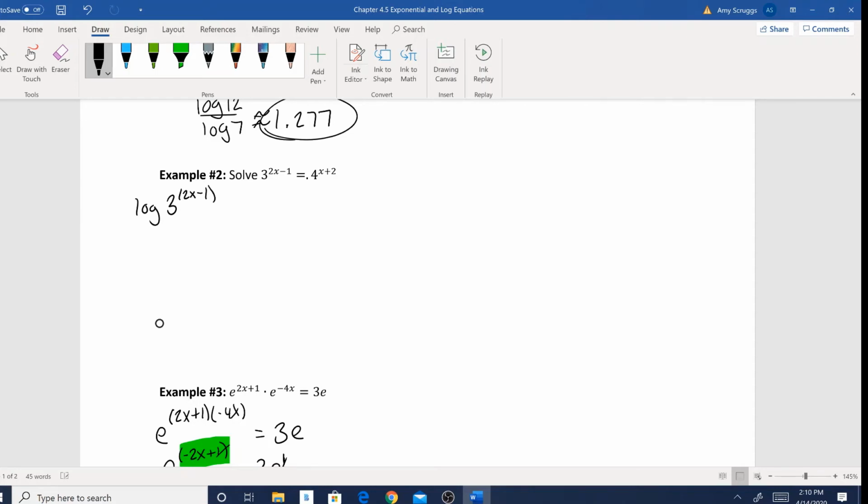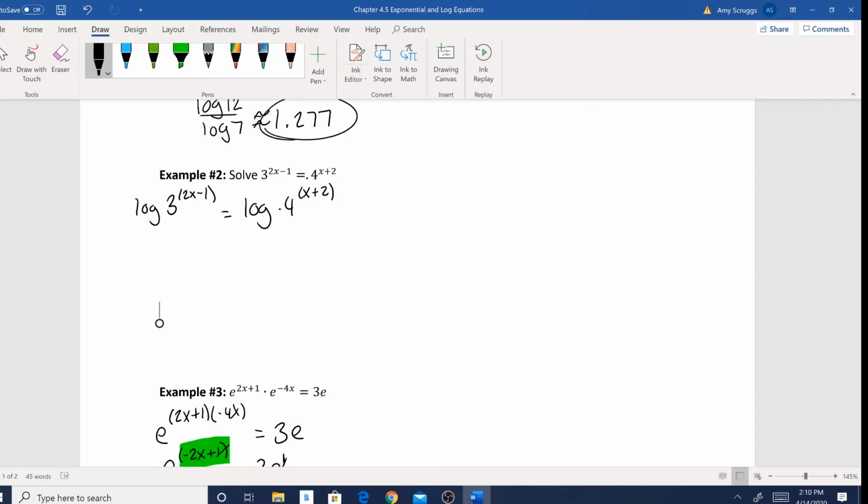You're probably wondering what the point of this is. Well, if we didn't have a common base to begin with, applying log base 10 to both sides gives us a common base of 10, so that we can continue solving from here.